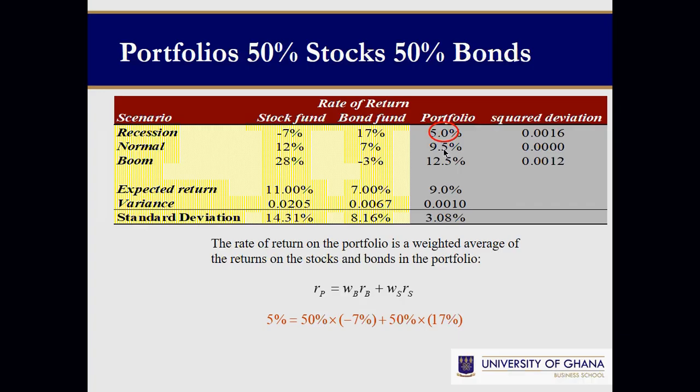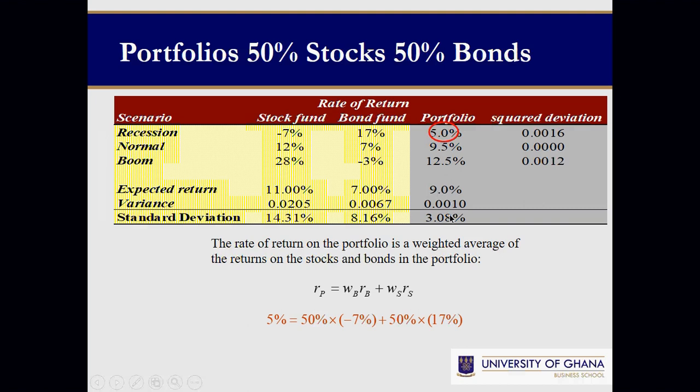In the beginning we used a probability of 1/3, so we use the same probability here. We add all the portfolio returns, multiply by 1/3, and then we get 9.